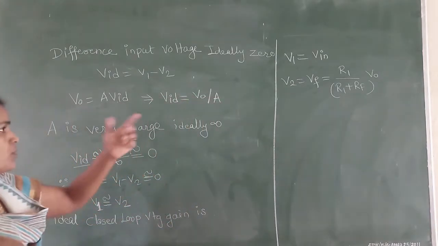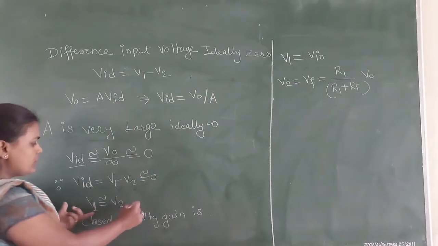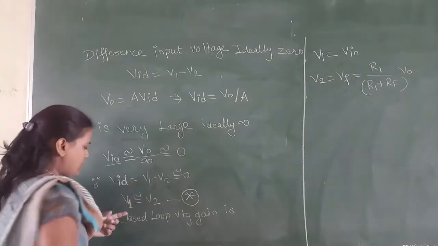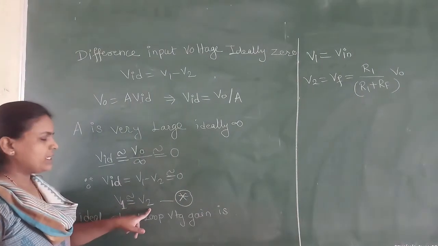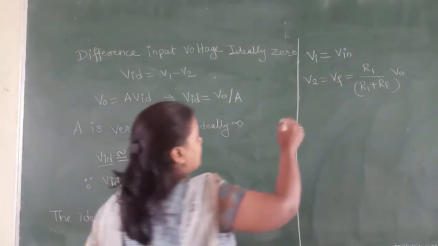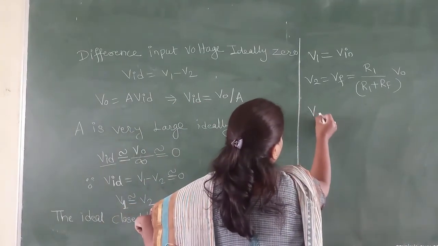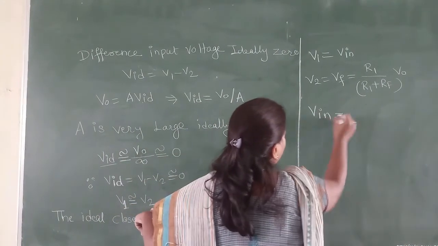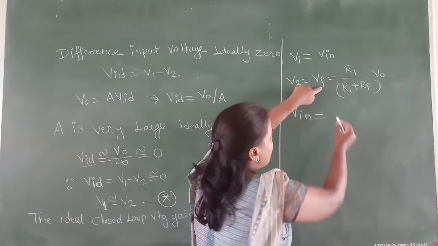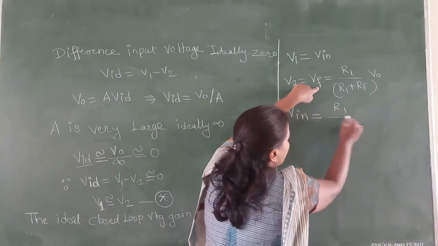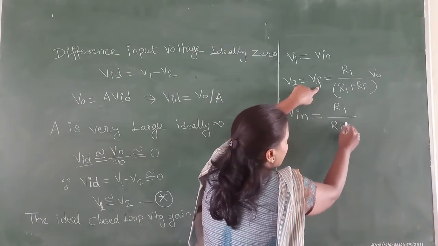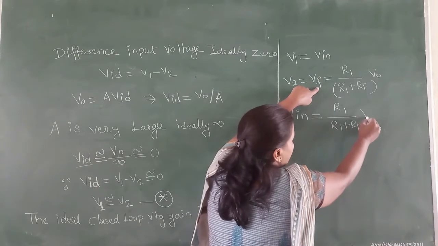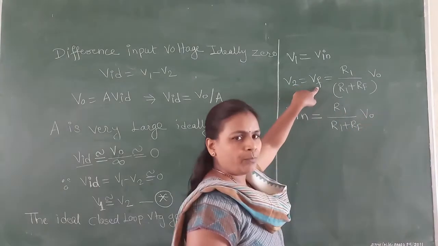When we substitute these two equations into V1 approximately equal to V2, V1 is the input voltage Vin and V2 is VF, so we can write Vin equals R1 divided by R1 plus RF into V0.